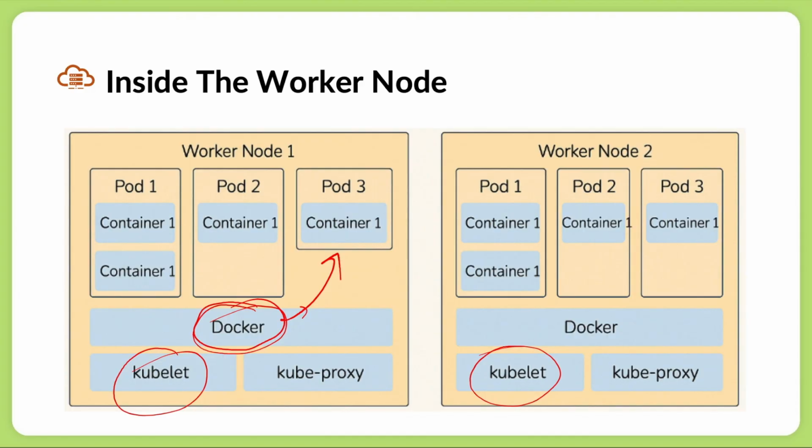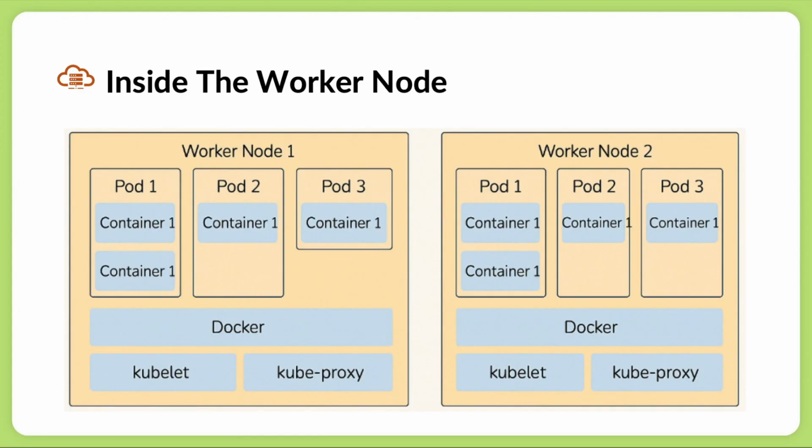But how will it create the container? When the control plane sends the request, this request comes to the kubelet. So the kubelet is, as I said, the bridge between the control plane and the worker node. It accepts all the requests, then forwards them to the other components of the worker node.